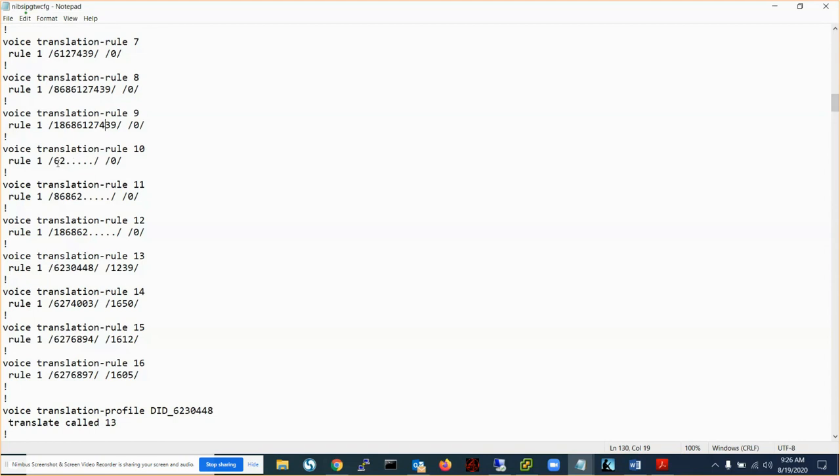So I tell it, once I see these first two numbers, match anything after and translate it to 0. So if it's 6 2 4, 6 2 5, anything like that, translate it to 0.